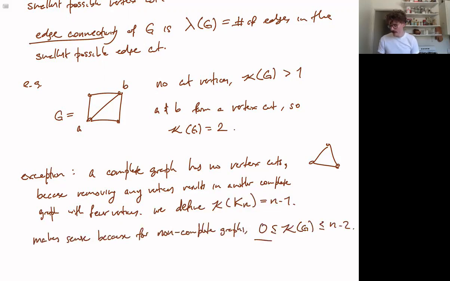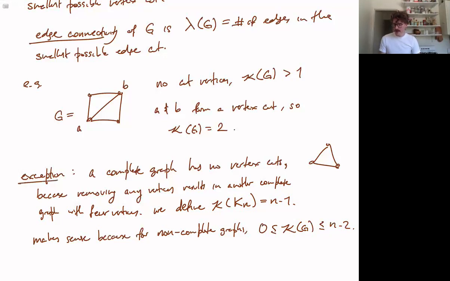So it's going to be 0 if it's disconnected, and it's going to be n minus 2, for example, if it's a complete graph minus a single edge. But maybe that's a good exercise to verify if you are curious.